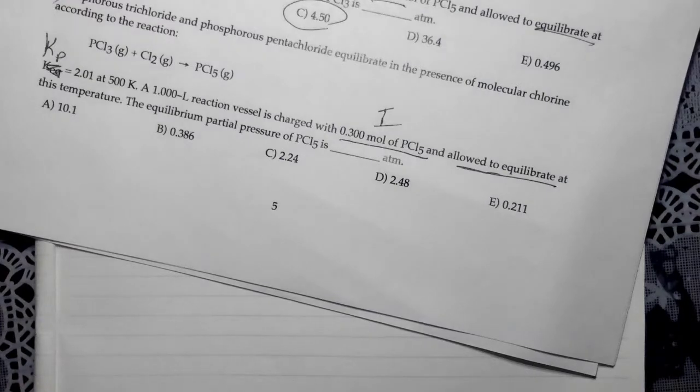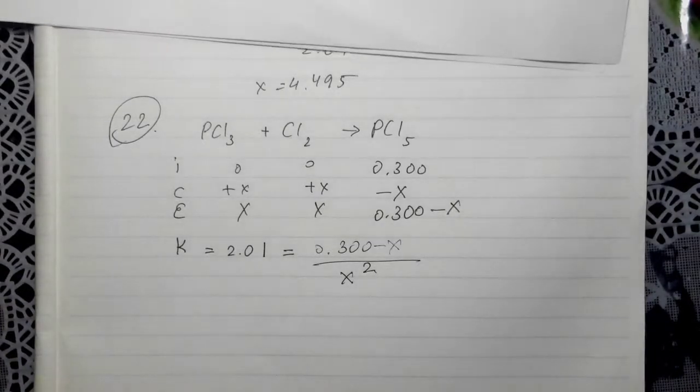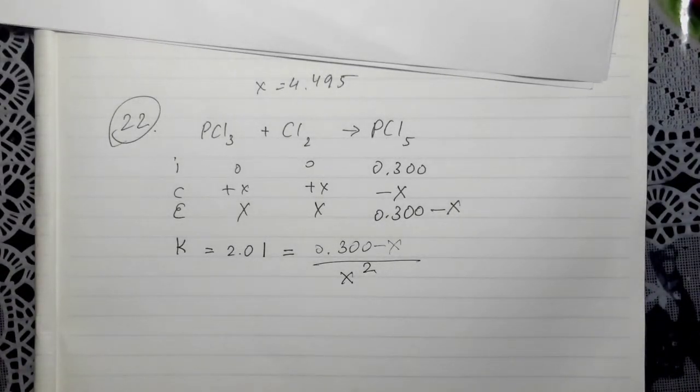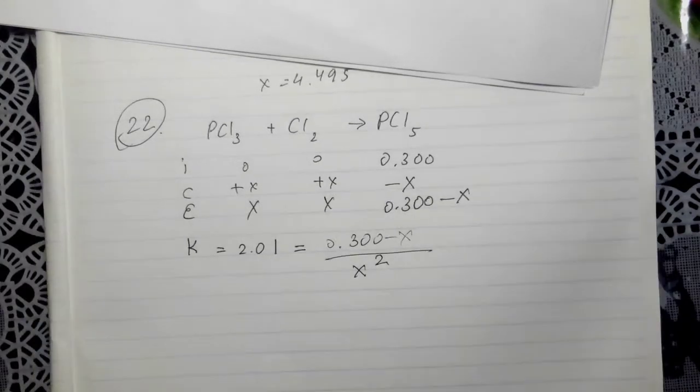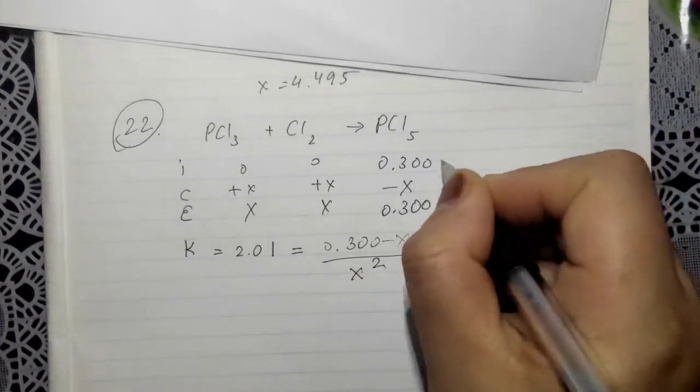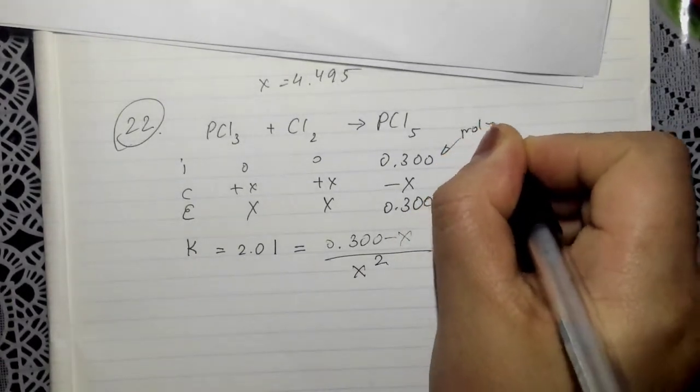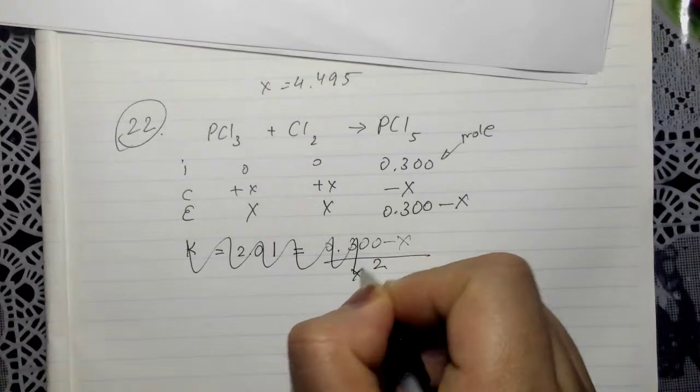Let's see. Shoot, I made an error. So be careful. You can't combine these two together because this is my mole and this is my pressure, so not that one.